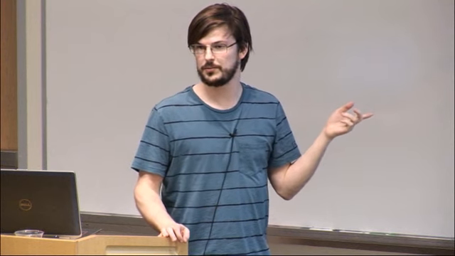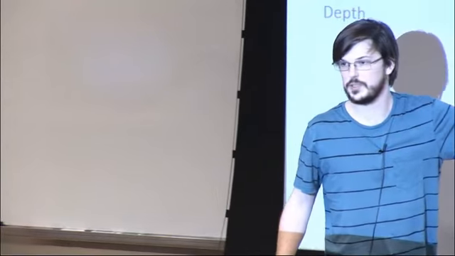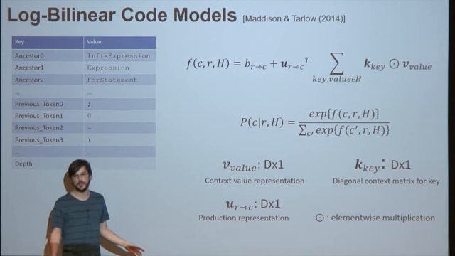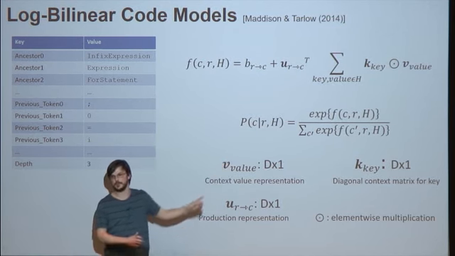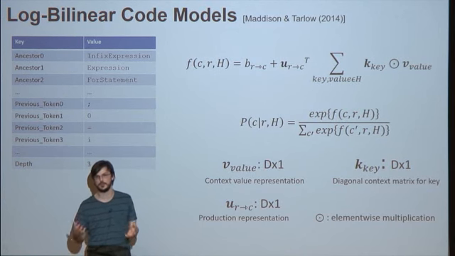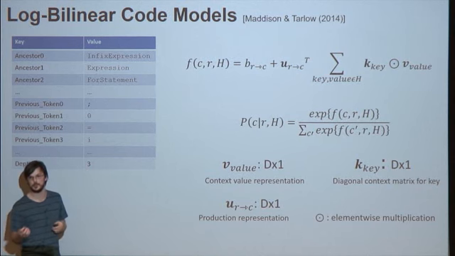The question was, if features are infrequent, will you get zero probabilities? No, so if we've never seen a feature before, we can just give it a representation vector that's all zeros. And that will just not affect this F score.